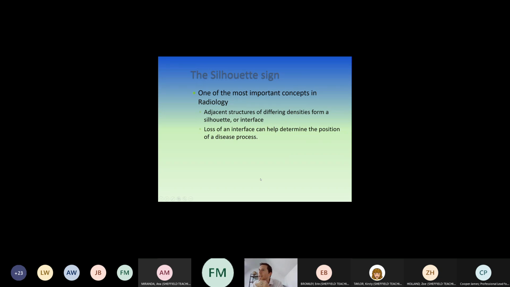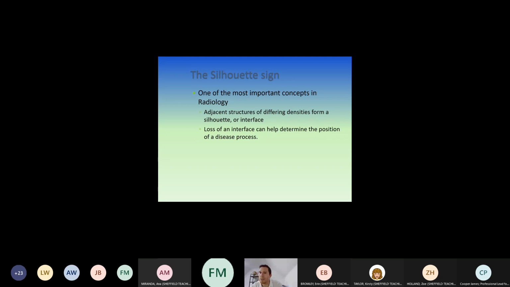So the silhouette sign, as it says, is one of the most important concepts in radiology, not just chest X-ray interpretation. If anyone's looked at an abdominal X-ray, for example, it's really hard to see kidneys. The kidneys are soft tissue density, filled with fluid, and they're adjacent to the abdomen, which is also soft tissue density filled with fluid.